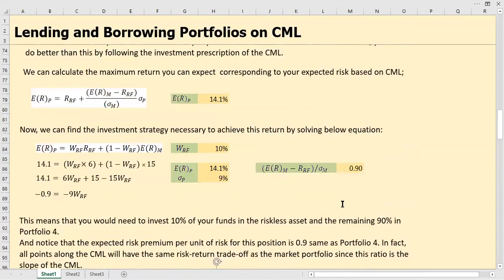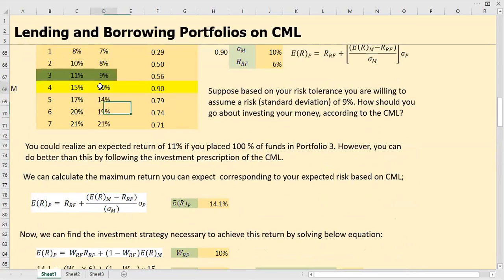Now if you look at the market risk here, it is 10%. Earlier, when calculating the lending portfolio, we assumed a risk of 9%. But now I am going to assume a risk of 14% so that we can go for a borrowing portfolio, right?